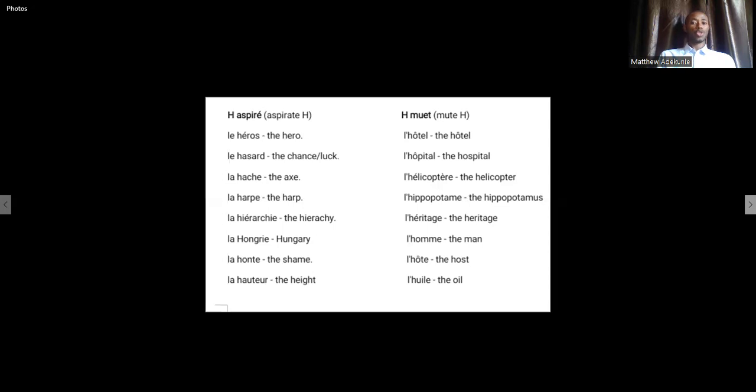I'm making sure you get that right. I said that this concerns just nouns, not all words in French. So we have l'hôtel, l'hôpital, l'hélicoptère, l'hippopotame, l'héritage, l'homme, l'hôte, that's the host.